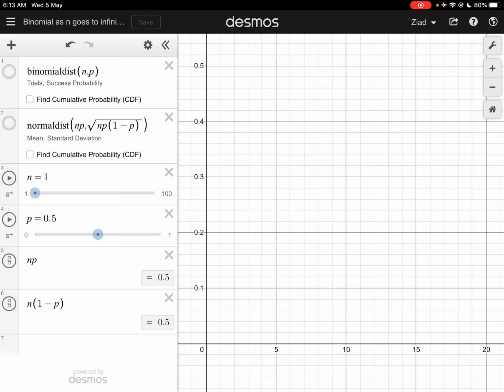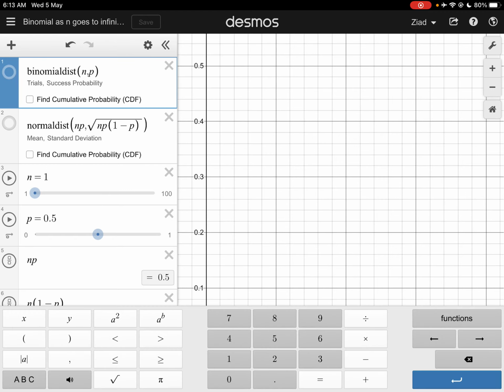So the first thing that you need to know about this topic is that if you start with any binomial distribution with n number of trials or sample size, you can think of it, and probability of success p, then there is a condition under which this binomial distribution can be approximated by a normal distribution.